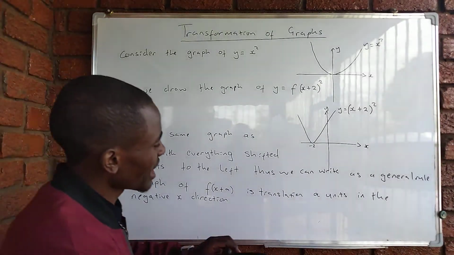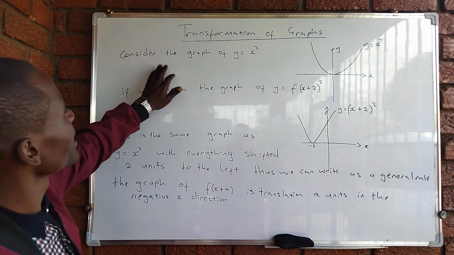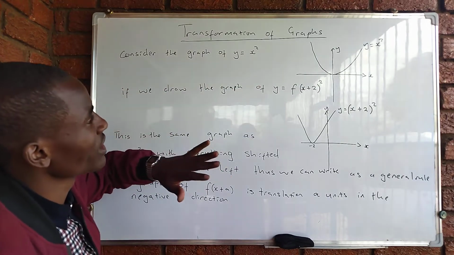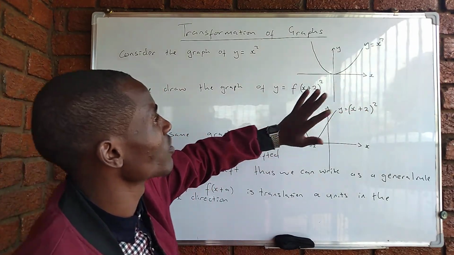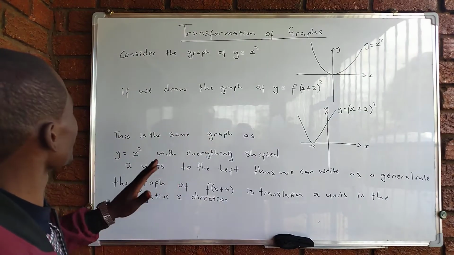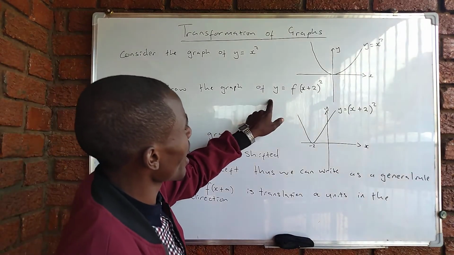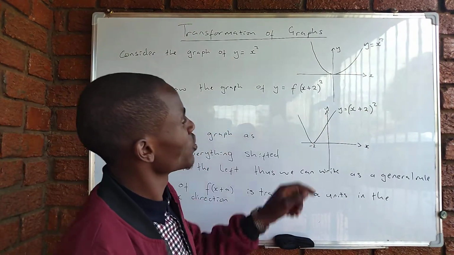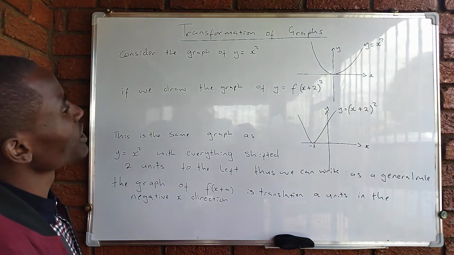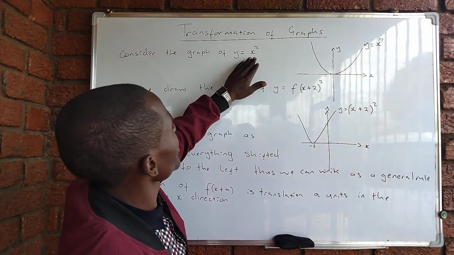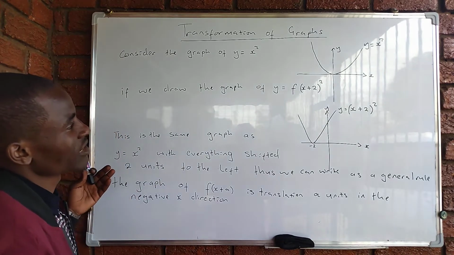So panapa, consider the graph of y is equals to x squared. This is the graph of y is equals to x squared. If we draw the graph of y is equals to f of x plus 2, right? Ndofunga kuti kana wakapiwa graph ra y is equals to x squared, takaita mafunctions, right?